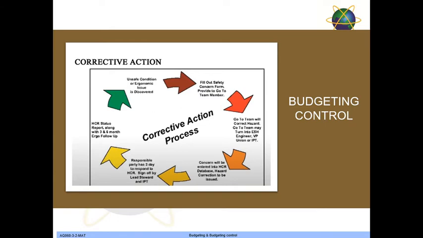Then we go to corrective action. The management will be able to take corrective measures whenever there is a discrepancy in performance. So when we have already compared the budget and the actual, then we must take corrective action in order to overcome any weaknesses.